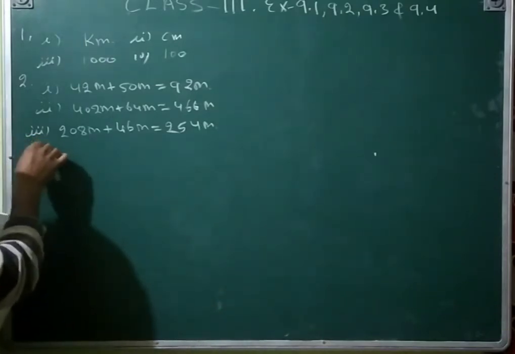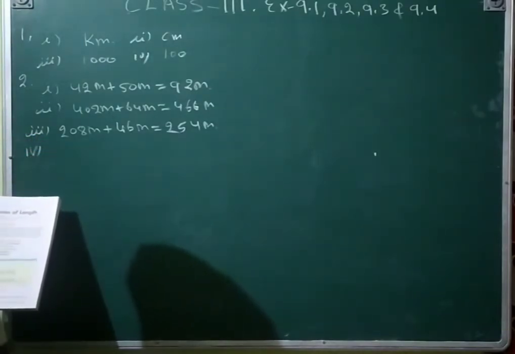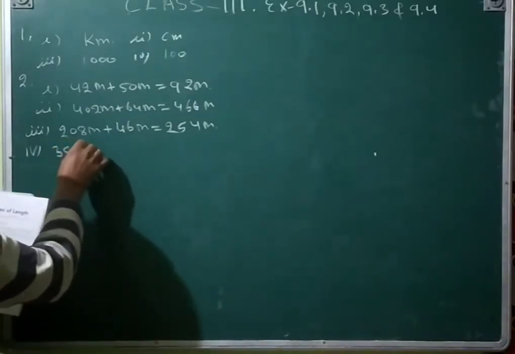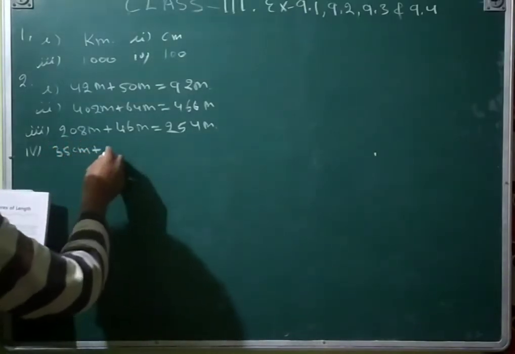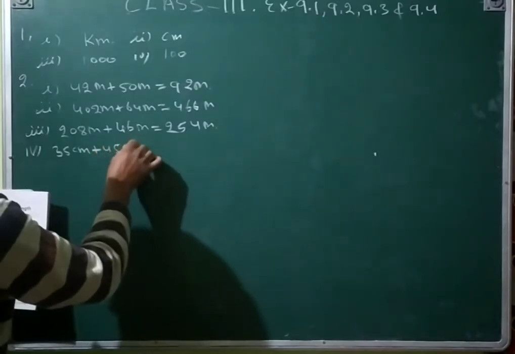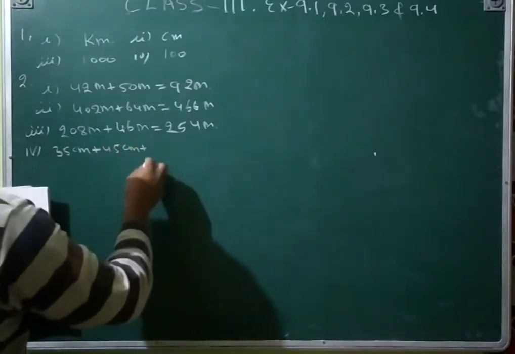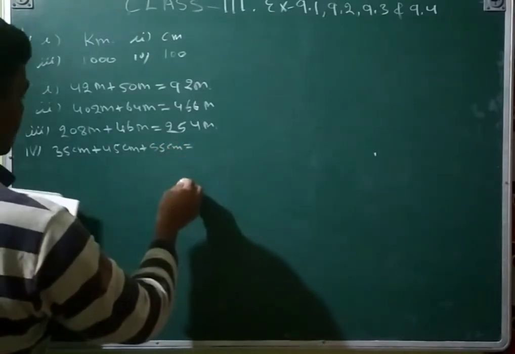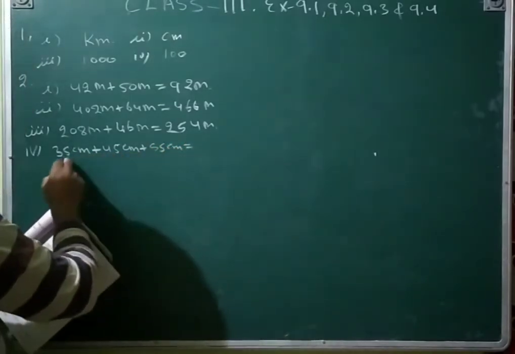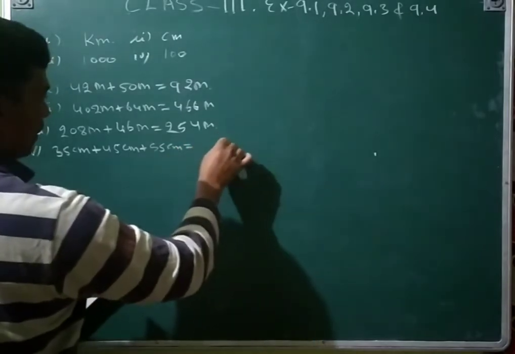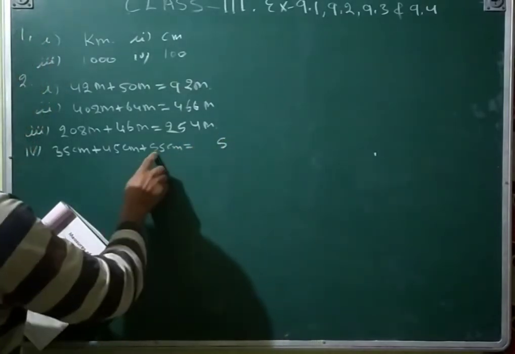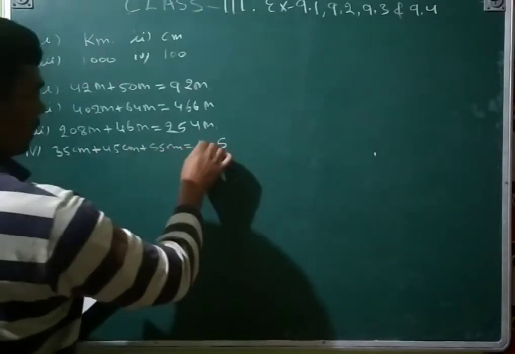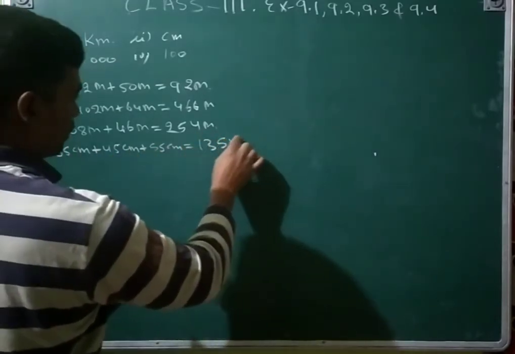Fourth part, 35 centimeter plus 45 centimeter plus 55 centimeter is equal to 5 plus 5 plus 5 is 15, carry 1, 5 plus 4 plus 5 is 14, plus 1 is 15, 3 plus 1 is 4, 4 plus 1 is 5, 13 centimeter.